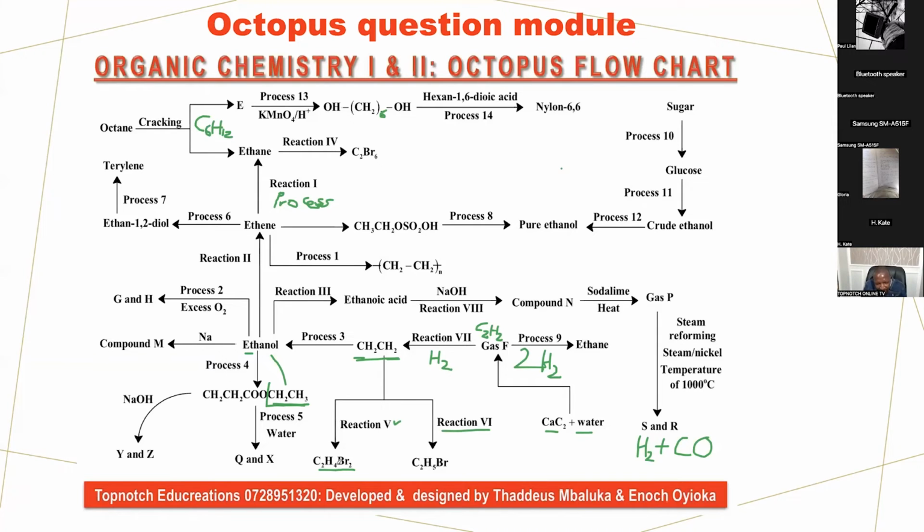Are we together? This one is bromine. I want you to get that. The reason why I wrote this one as bromine gas. But this one, what have we had? Bromide. Now here we have added HBr.